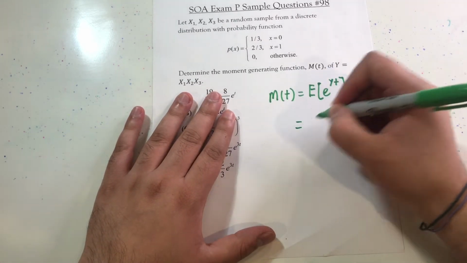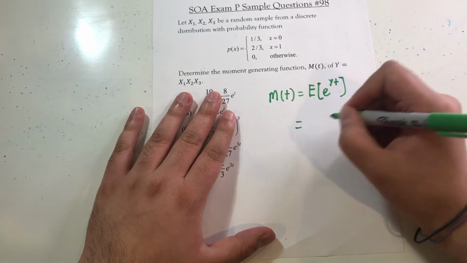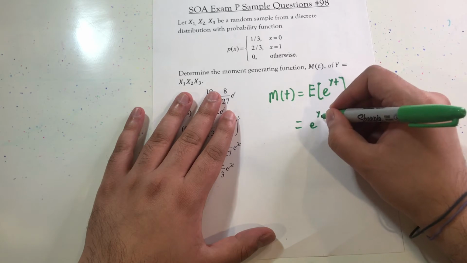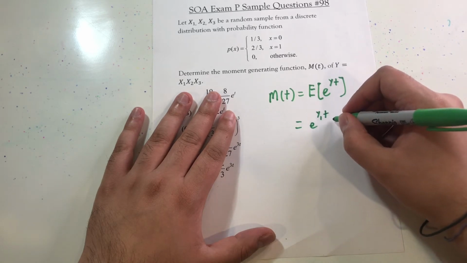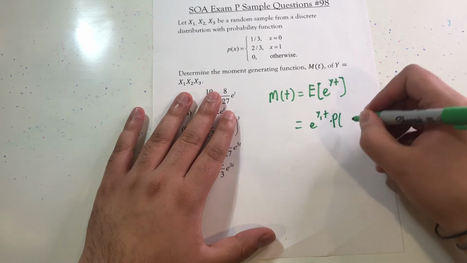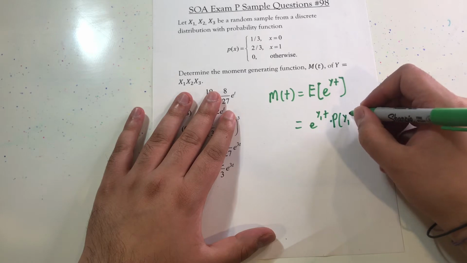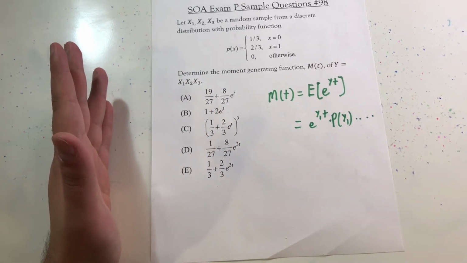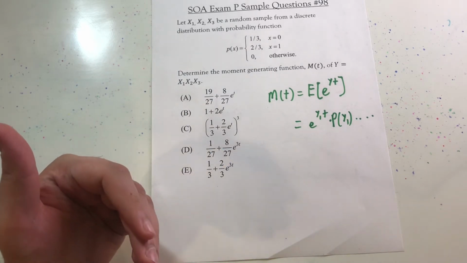Let me expand this out: e raised to the y1 t multiplied by the probability that Y takes on the value y1, and so on, for however many situations we have. So let's actually figure out the distribution for Y.